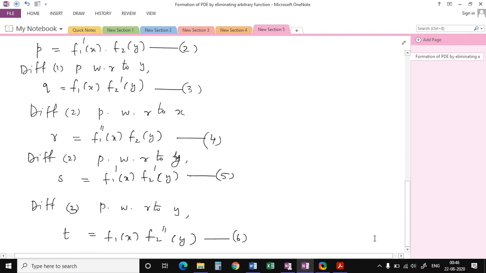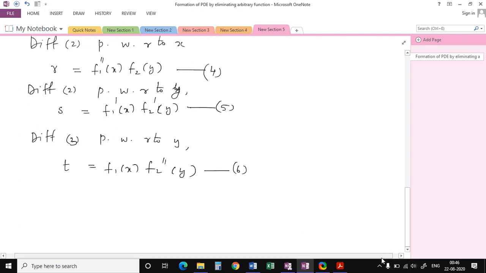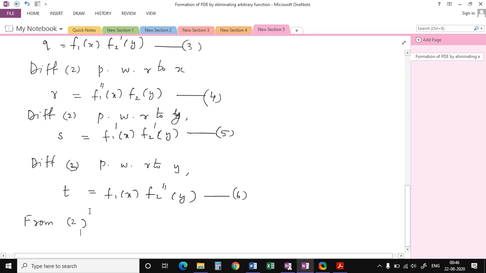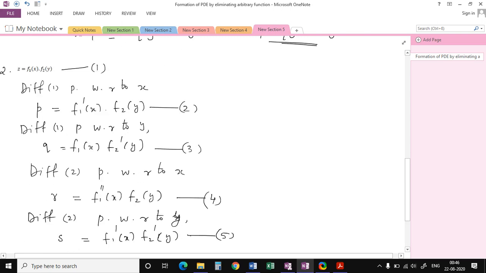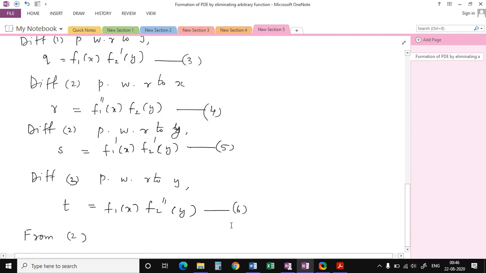So from equation number 2 we can find out the value for f1'(x), that is f1'(x) is equal to p by f2(y).